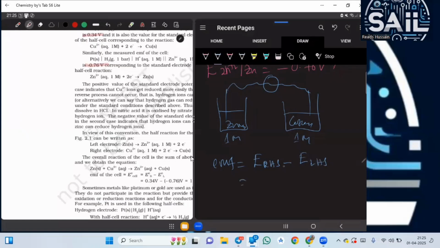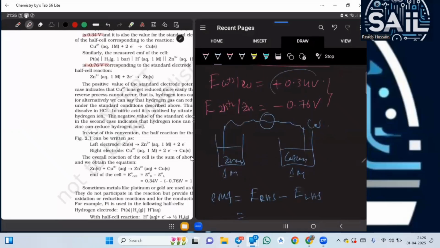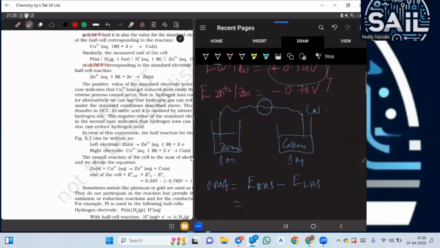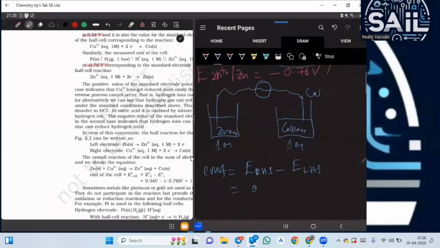What is there on the right hand side? Copper sulfate, copper. The standard electrode potential of copper is 0.34, minus the left side potential, which is the zinc potential, minus 0.76 volts.